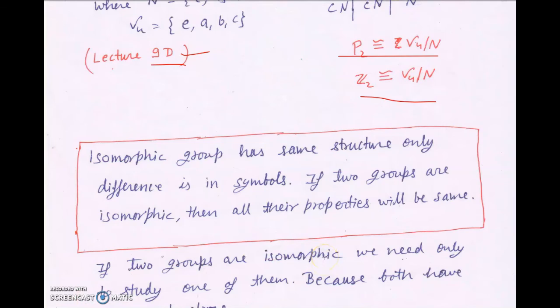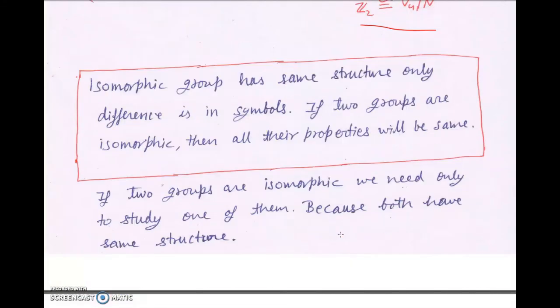So all the properties will be the same. Commutator: if one group has a commutator subgroup G dash, then the commutator subgroup of another group will be the image of G dash. So the same order commutator will be in the other group. So each and every property will be the same, because the properties of a group are determined by their structure.